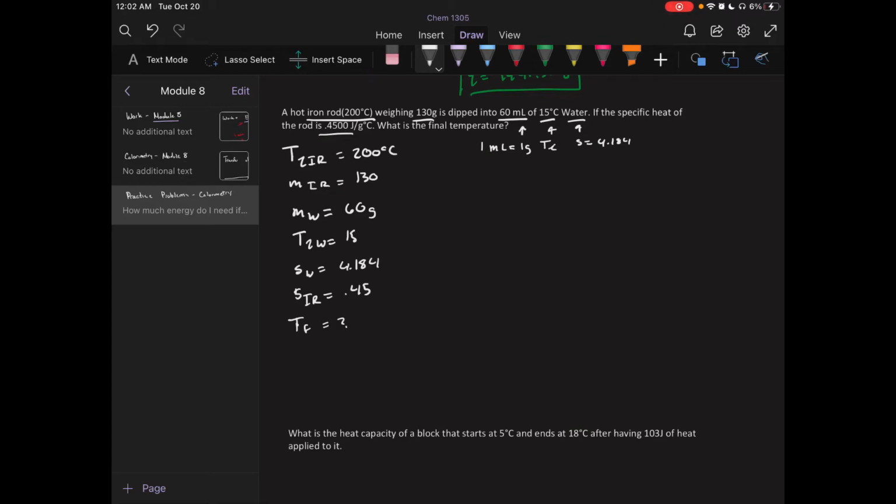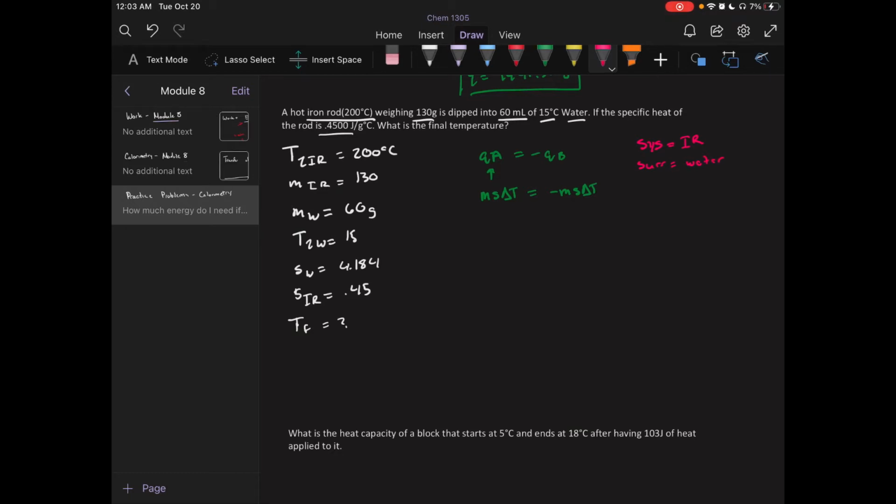One thing I would like to note is that this looks like a system surroundings equation, because we have two different calculations and two different heat capacities. Remember that for system surroundings, QA is equal to negative QB, so we can replace that with MS delta T is equal to negative MS delta T. Our system is going to be the iron rod, and our surroundings is the water, because we're dipping the iron rod into water.